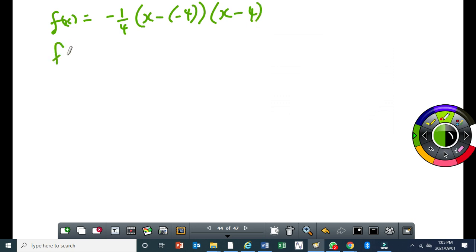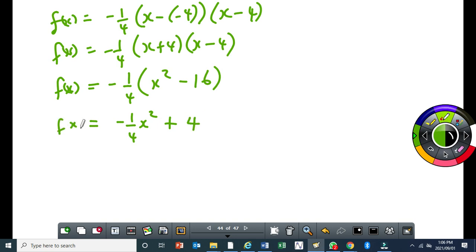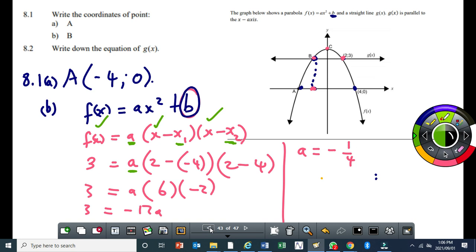I want to determine the equation. So that will be minus 1 over 4 times x plus 4 times x minus 4. So this will give me f of x equal to minus a quarter times x squared minus 16, which I can simplify as minus 1 over 4 x squared plus 4. So that will be f of x. So that's the equation of f of x.